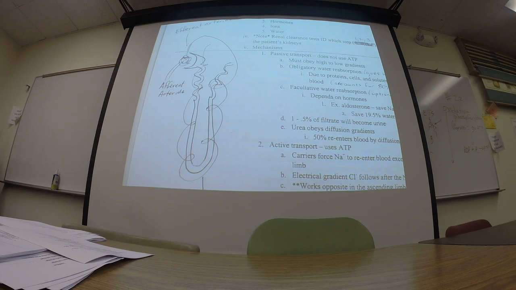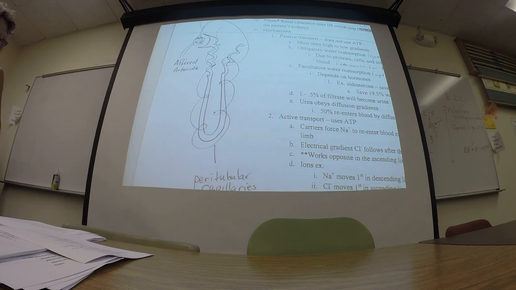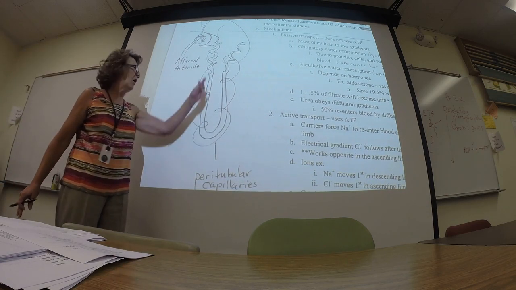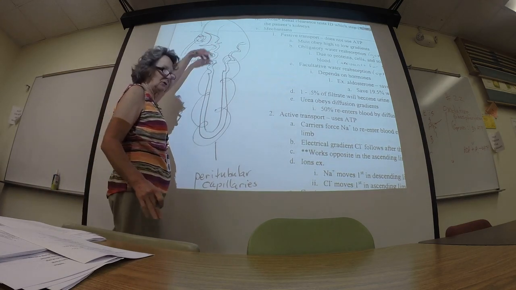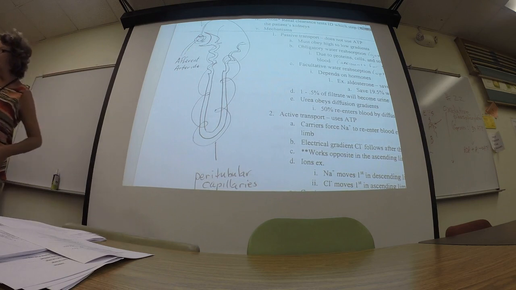Now, if you're a meticulous reader, there is a certain part of this capillary bed that is called the vasa recti, but the whole capillary bed is the peritubular capillary bed, and that's all I'm ever going to test you on is peritubular. I'm not going to go to specific regions of it. But so you got your little picture here going.